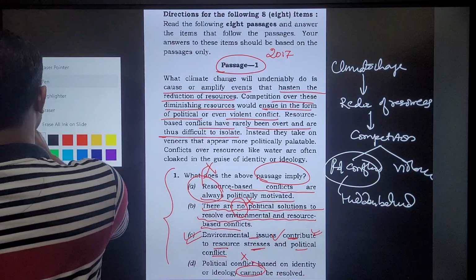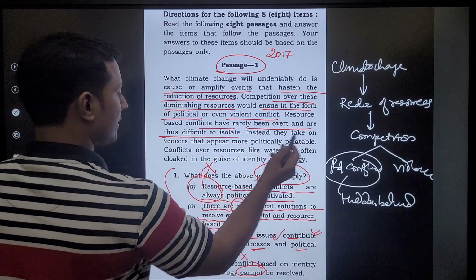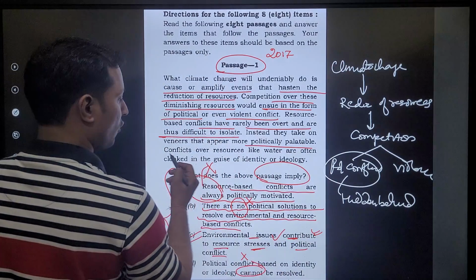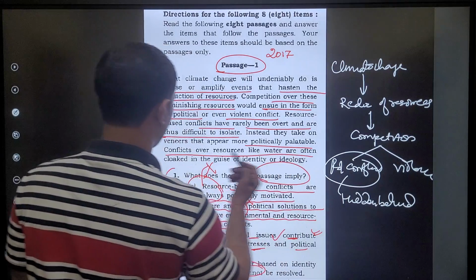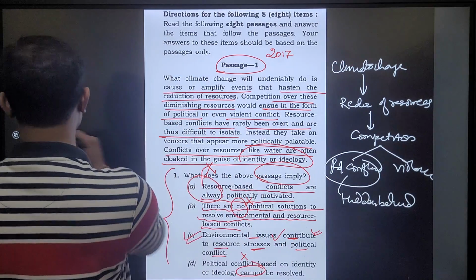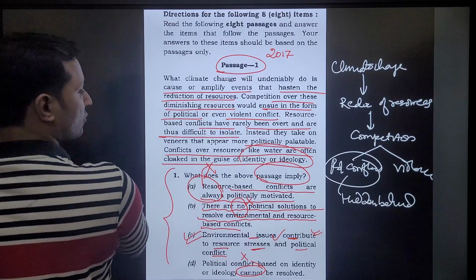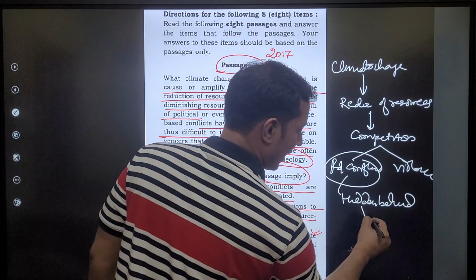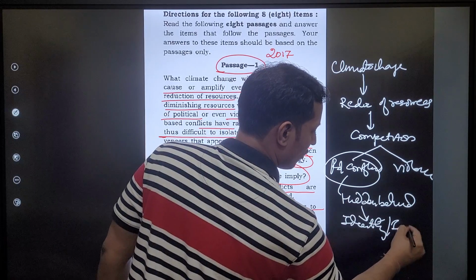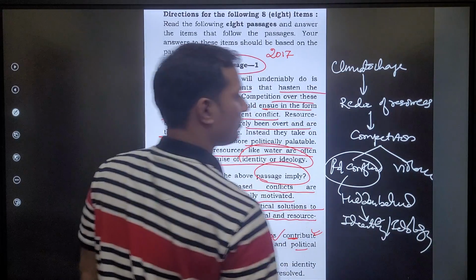You can see here it says that instead they take on veneers that appear more politically palatable. Conflicts over resources like water are often cloaked in the guise of identity and ideology. It says that generally the conflicts over resources are hidden behind identity or ideology. That is what the passage says.